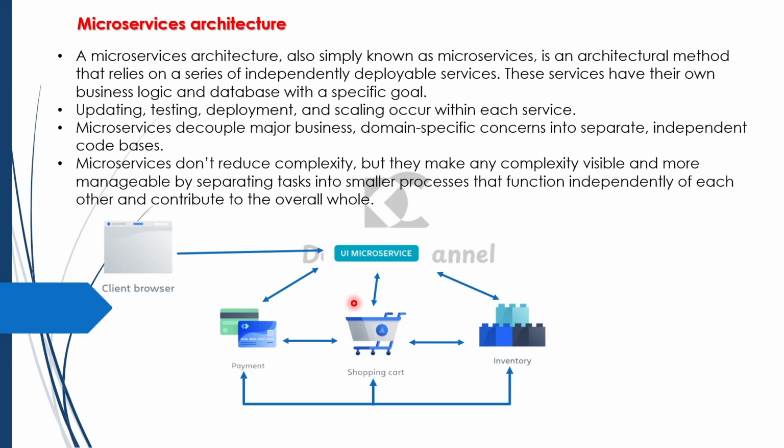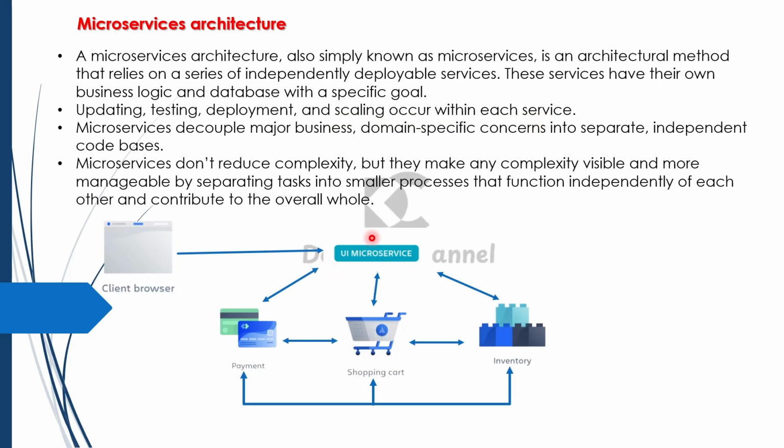Now let's understand microservices architecture, also known as microservices, an architectural method that relies on a series of independently deployable services. These services have their own business logic and database with a specific goal. Updating, testing, deployment, and scaling occur with each service.